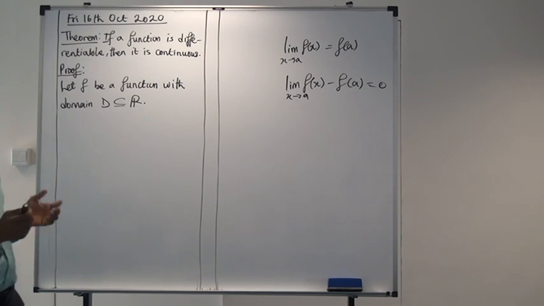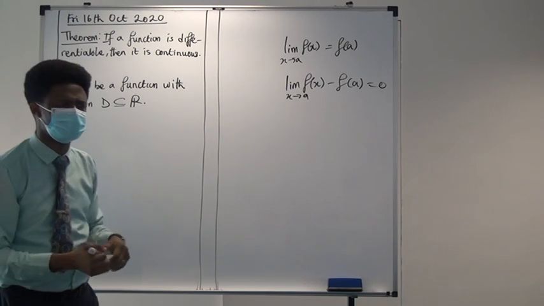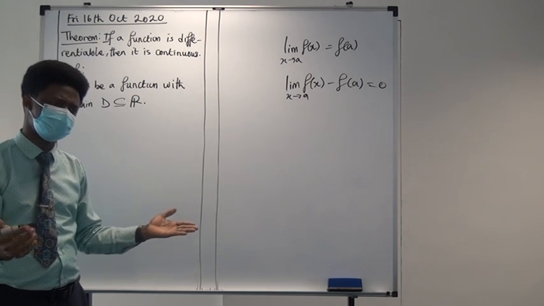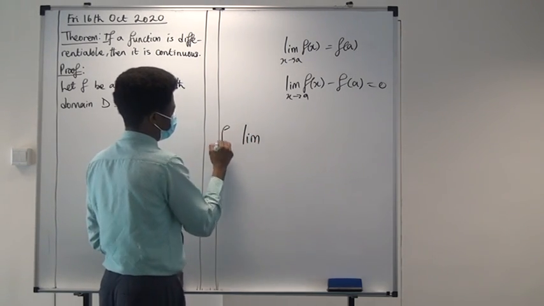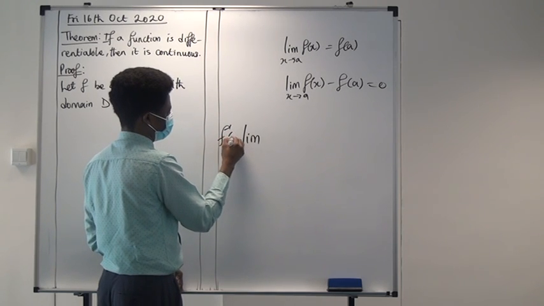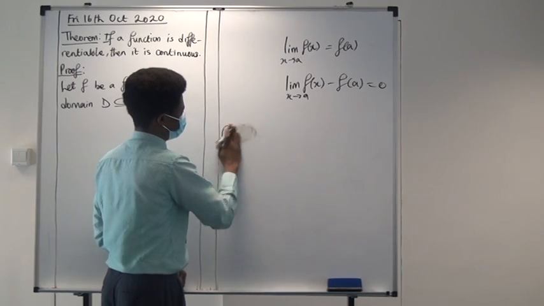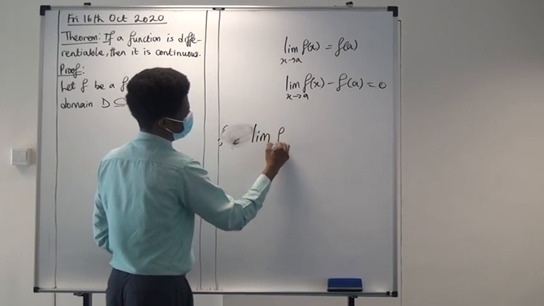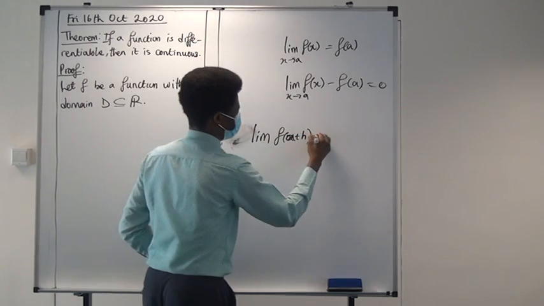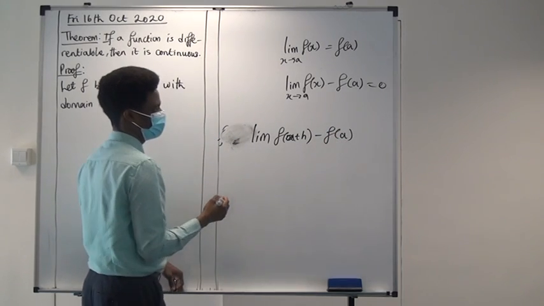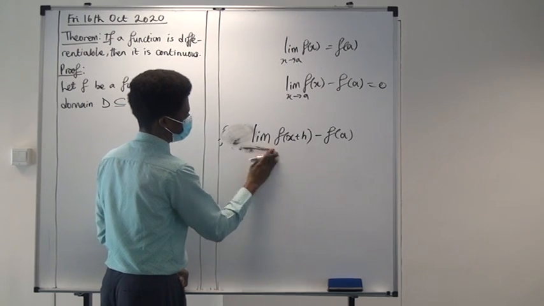So with this, what do you mean when you say something is differentiable? We mean the left and right limits are guaranteed. So if the left and right are guaranteed, it simply means I can say that f prime of x at a value a is the limit of f of a plus h minus f of a, divided by h, as h tends to 0.